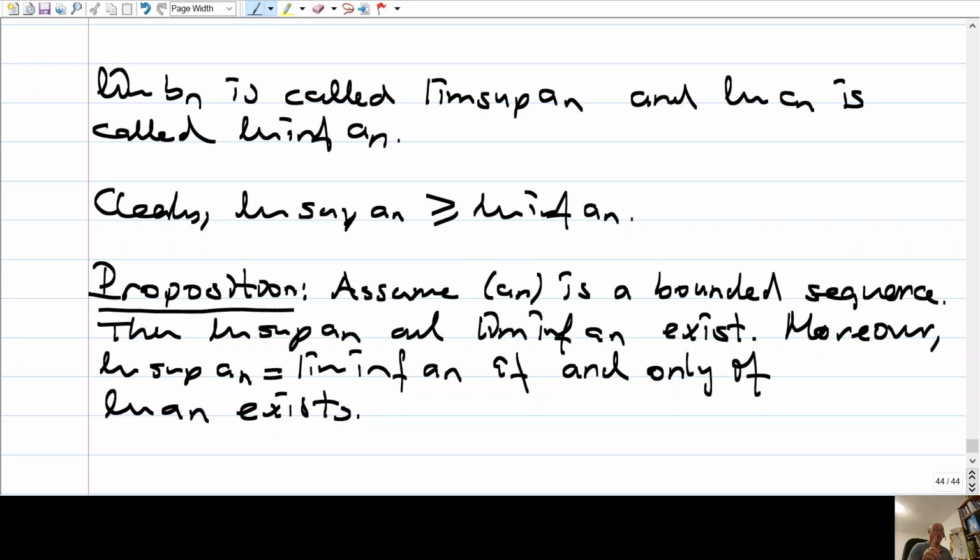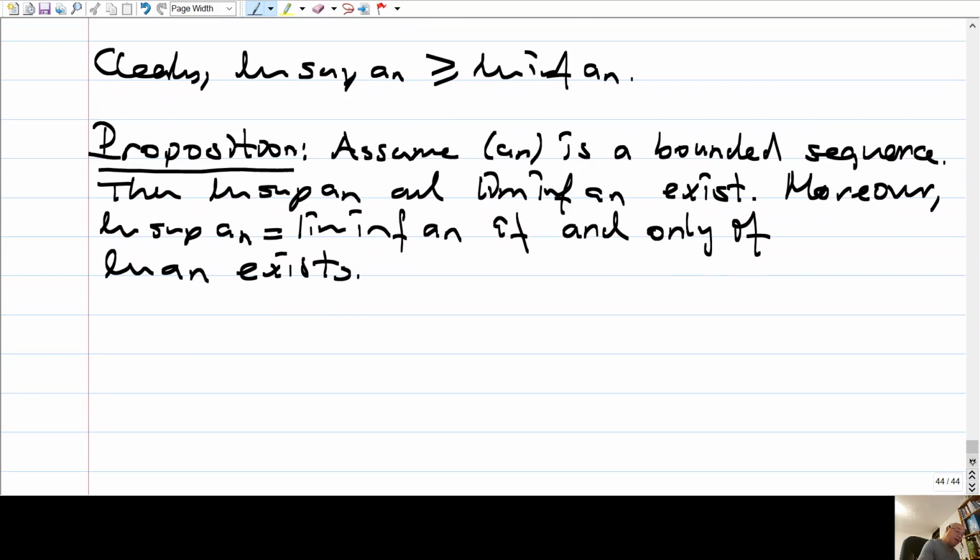So if this limit exists, then both lim sup and lim inf exist, and they are equal to each other. And if they are equal, then limit an exists. Which confirms our examples.